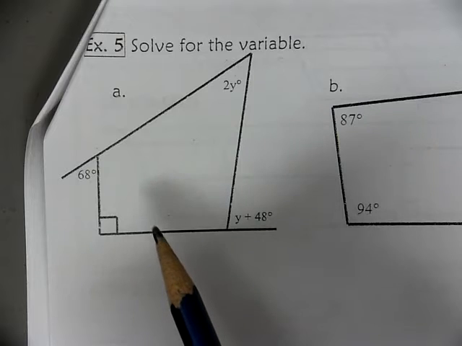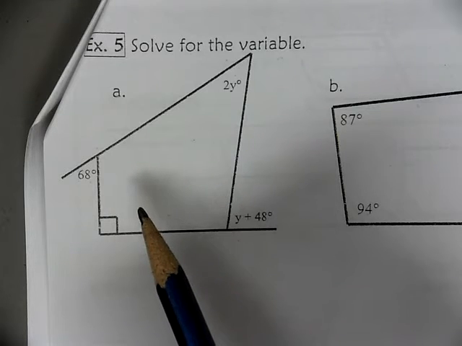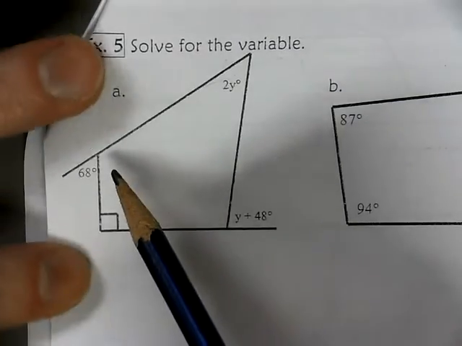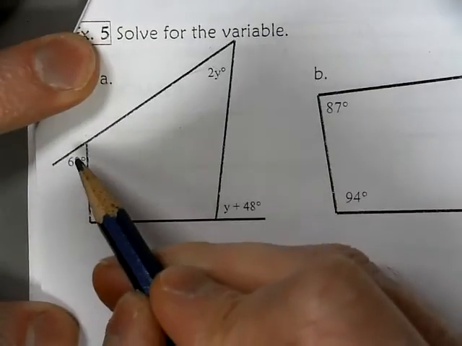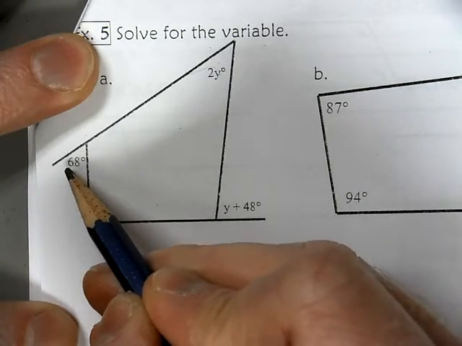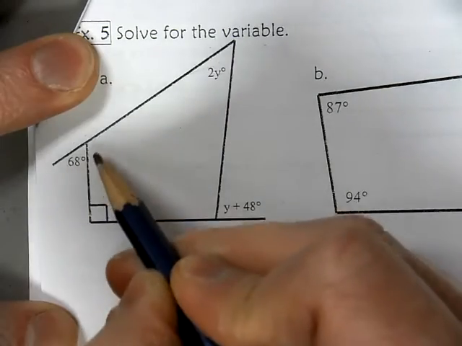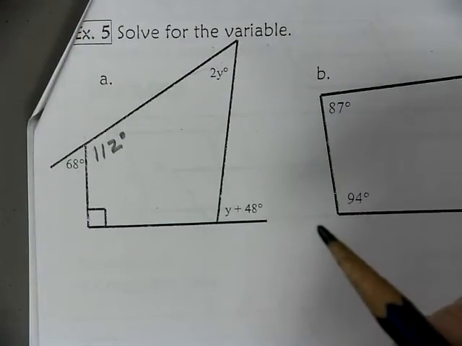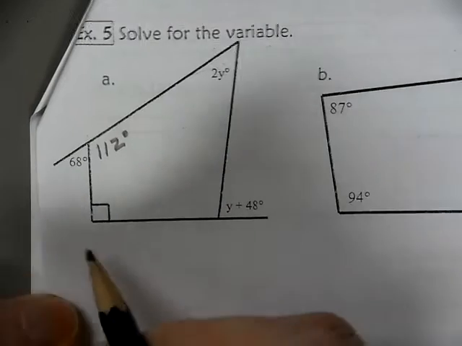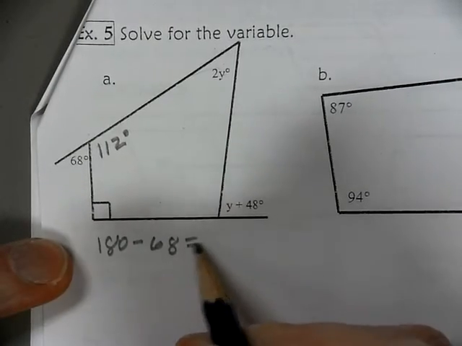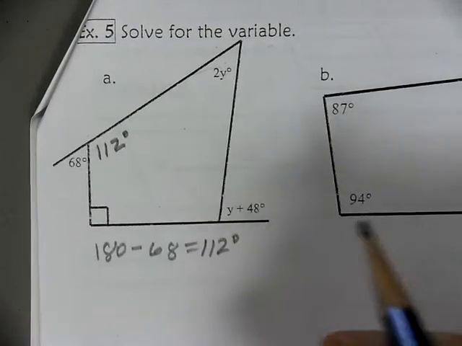So we're going to take the values that we know and figure out our interior angles real quick. Together we know 180. So if that was 180, then this has to be 112 degrees. So 180 minus 68 is 112.